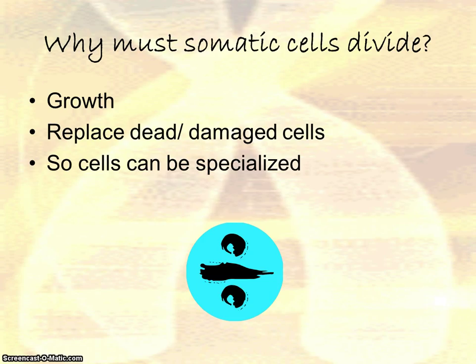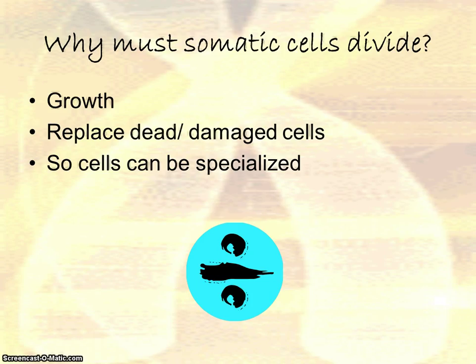Cells need to be specialized, right? If you look at a plant, there's leaf cells and stem cells and cells that make up stuff that allow things to flow, and flower cells and fruit cells and all different types of cells. The same thing for animals.